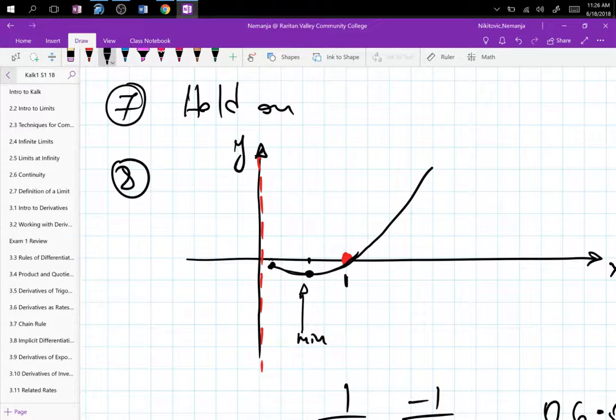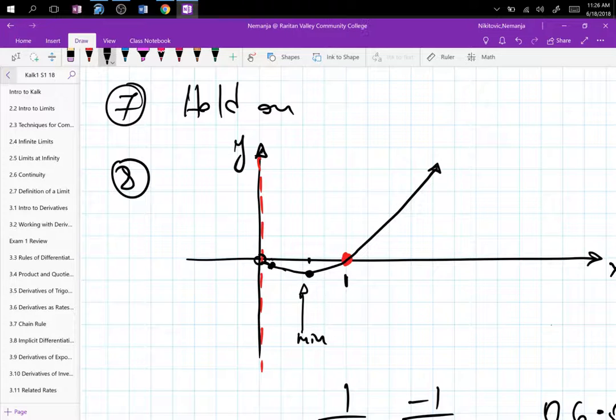So that would be the behavior there, and over here we have a concave down with this going into the 0, 0.